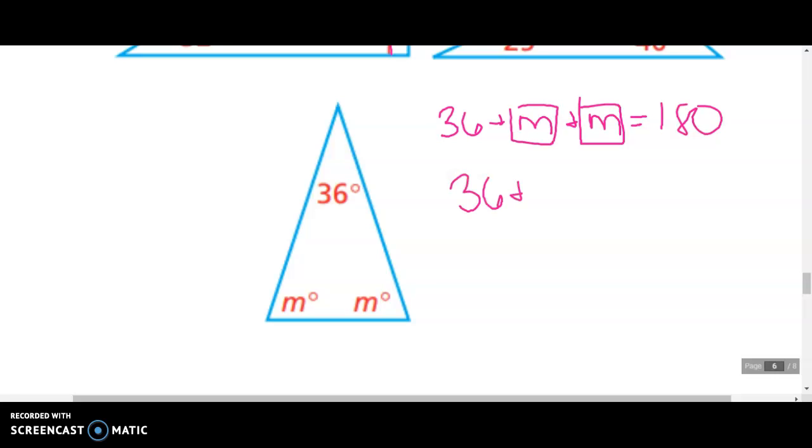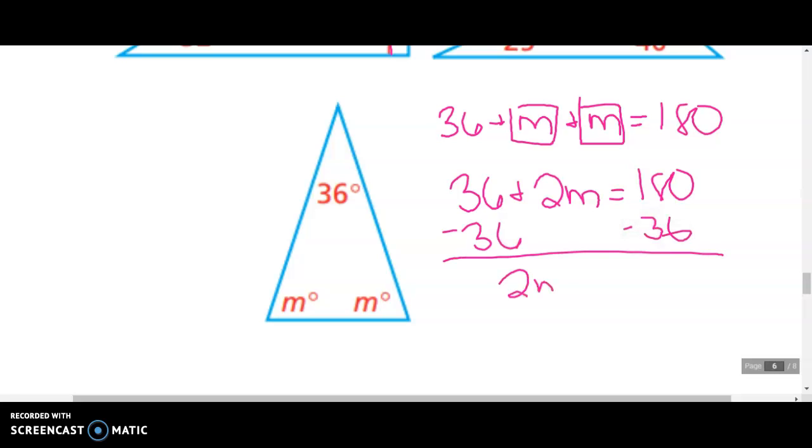So it's 36 plus 2m equals 180. We still only have one variable because it's the same variable. We subtract 36 from both sides to give us 2m equals 144. We divide both sides by 2, and we find that m equals 72 degrees.